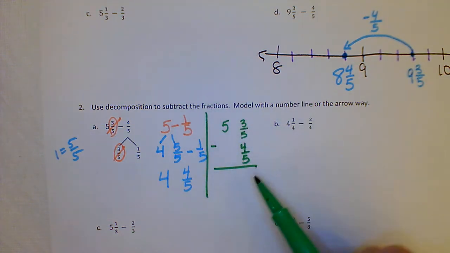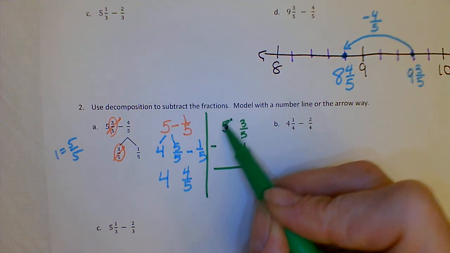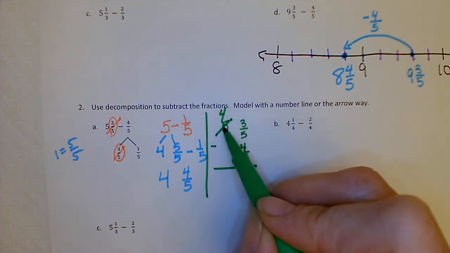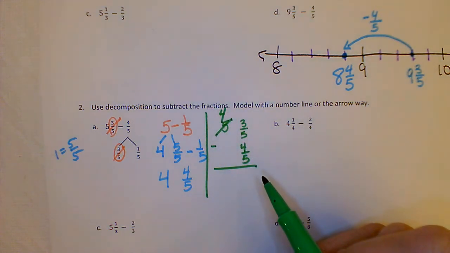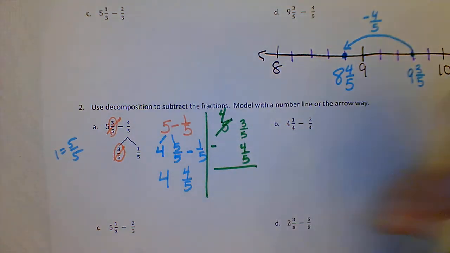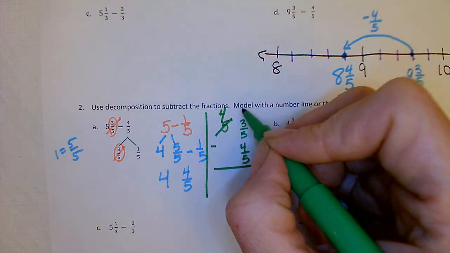So again, we're going to do the same thing. 3 cannot subtract 4. 3 minus 4 does not work. So we're going to take this 5 and make it a 4, and we're going to move 1 whole over here. 1 whole is going to be 5/5 plus the 3/5, or again the shortcut, take your 2 numbers, your numerator and denominator, add them. So 3 plus 5 is 8.